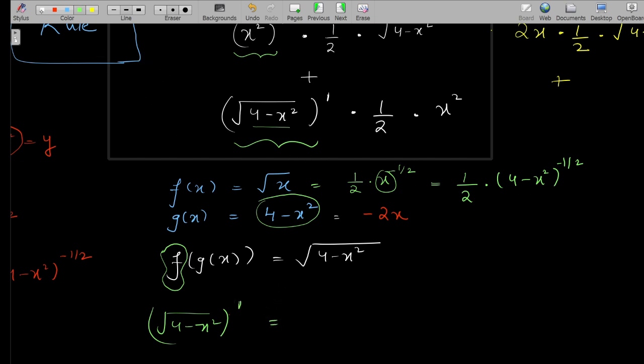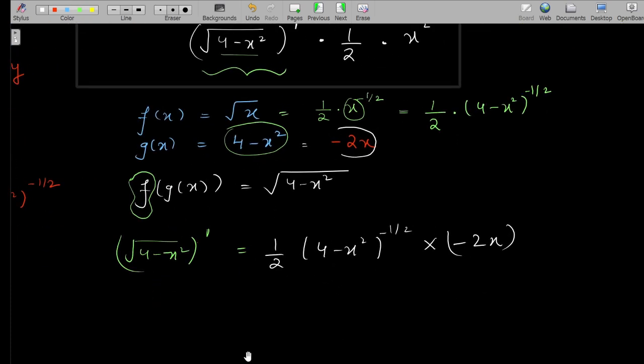So the derivative of this whole thing, you multiply these two functions. So 1/2 times 4 minus x square raised to negative 1/2 times minus 2x. Then you can simplify the terms.